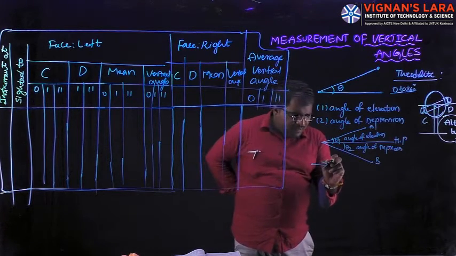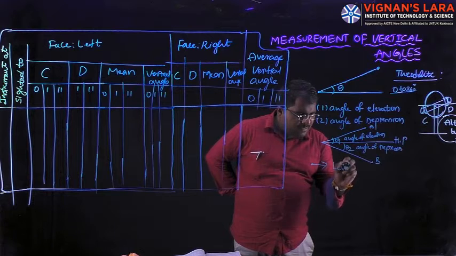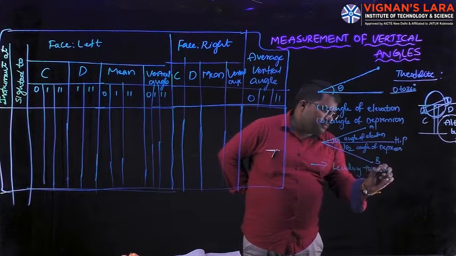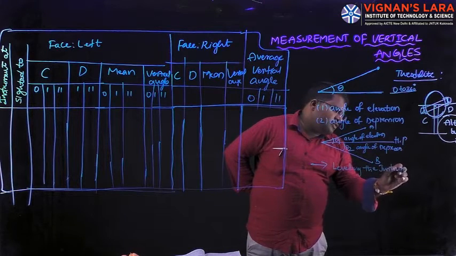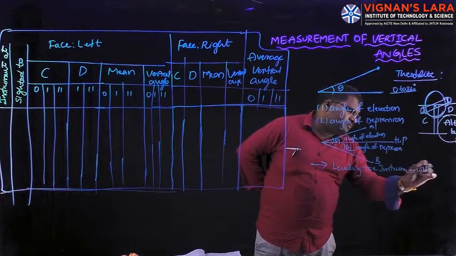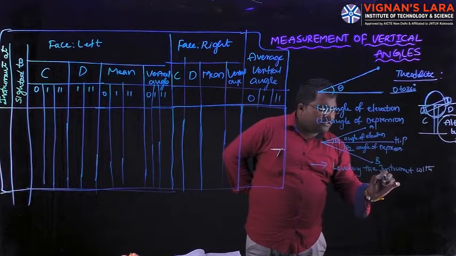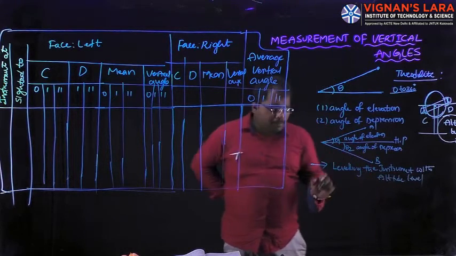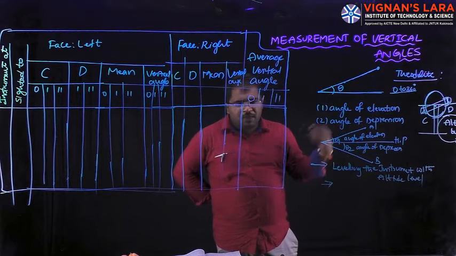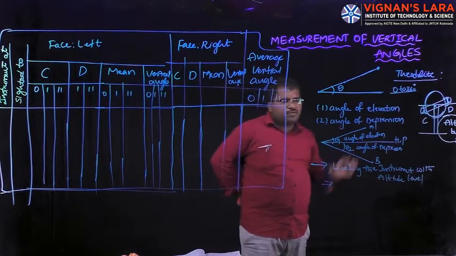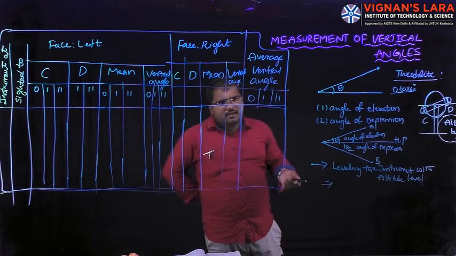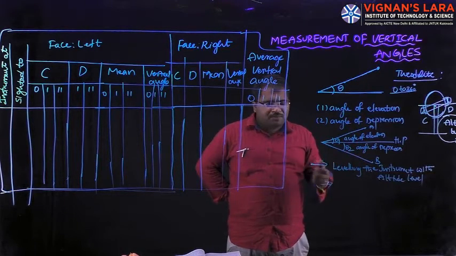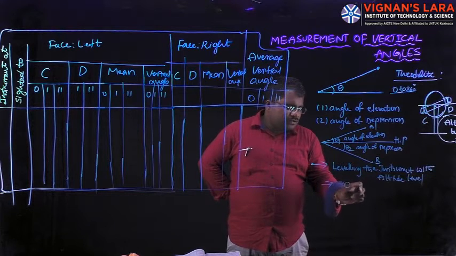First of all, we level the instrument with the altitude level. The procedure is the same as we used in the case of horizontal leveling. Normally three foot screws will be there.